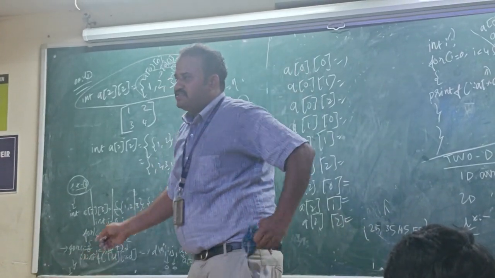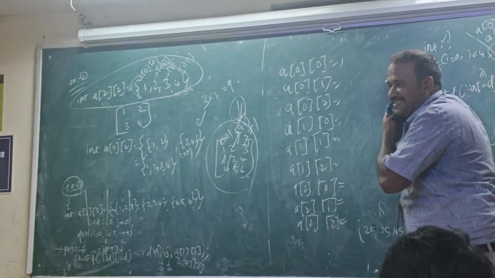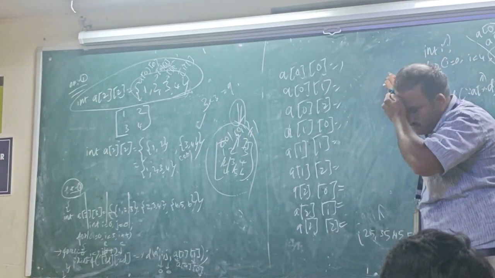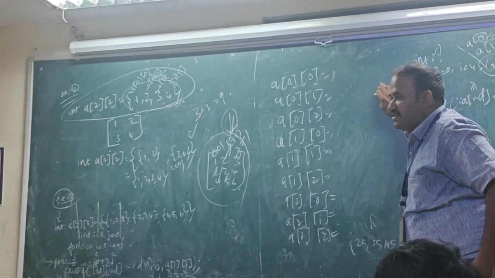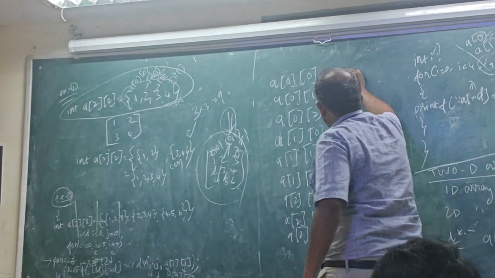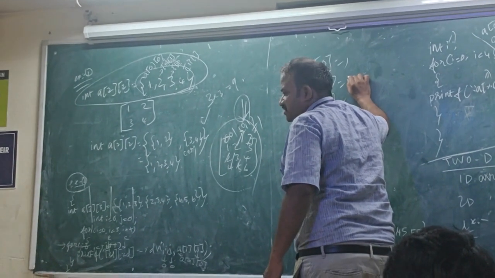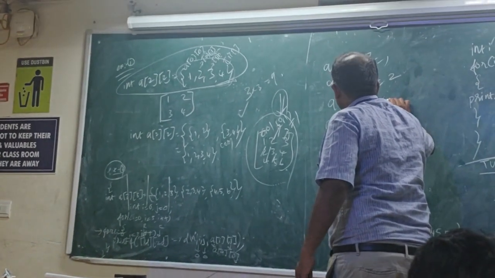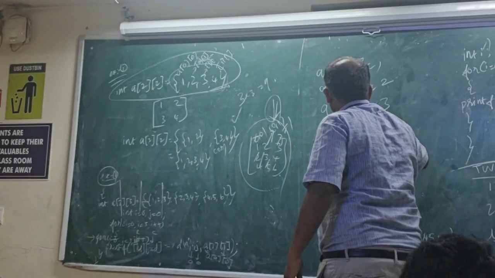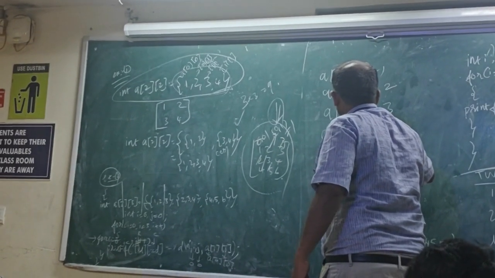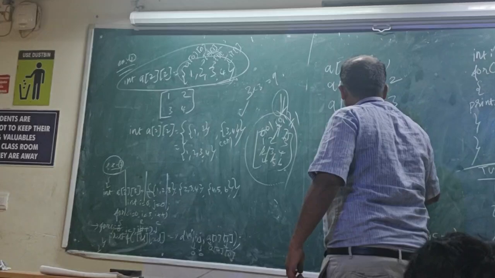See, like this it will construct. So what is the value of these? 1, 0, 1, 2, 3, 2, 3, 4.